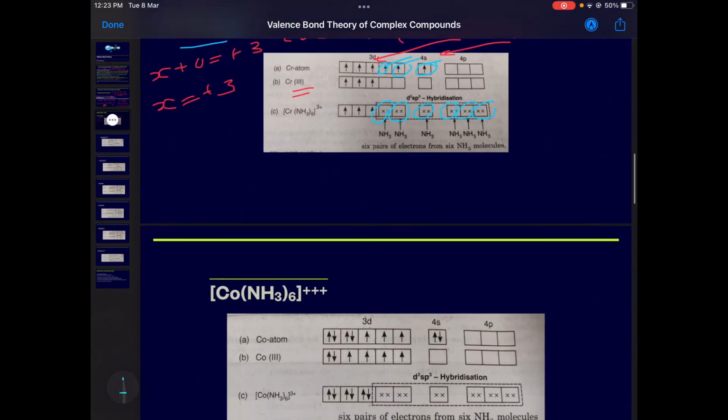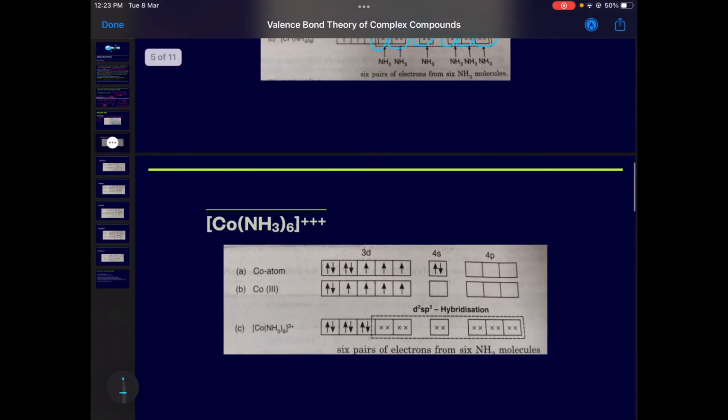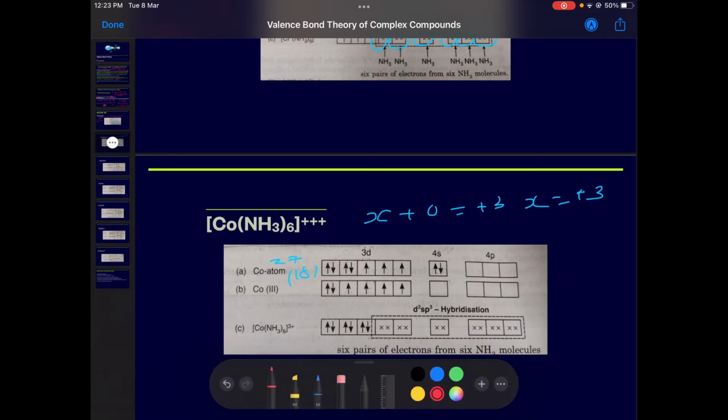Now the next question is Co(NH3)6. Same thing, you have plus 3, so x plus 0 equals plus 3, because ammonia has a 0 oxidation state, and x becomes 3. Cobalt has atomic number 27, so it is 18, 3d7 and 4s2.